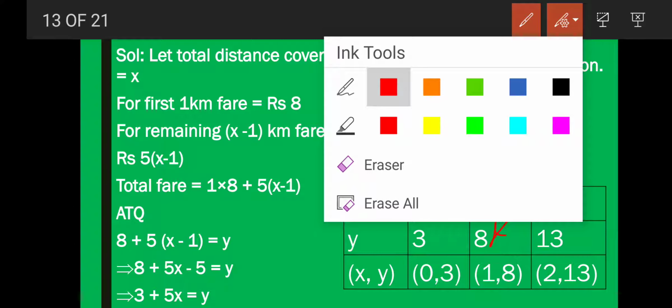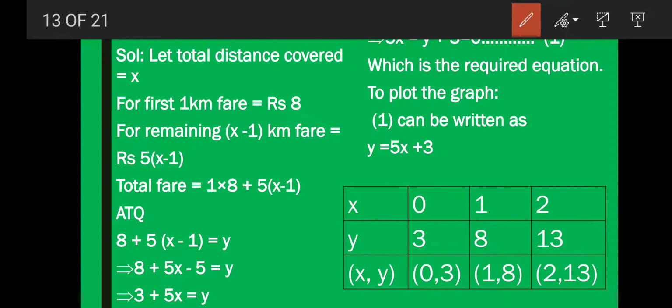Third is when we put the value of x is equal to 2, so 5 into 2 is 10, y is equal to 5 into 2 is 10 plus 3, that is 13. So y is equal to 13 in this table. Now we have a third point, 2 comma 13.